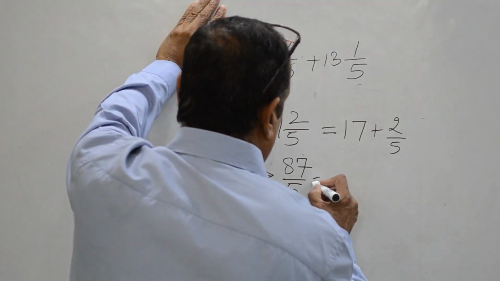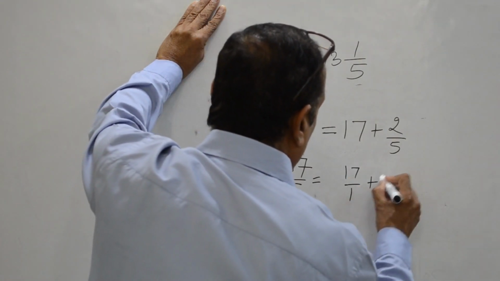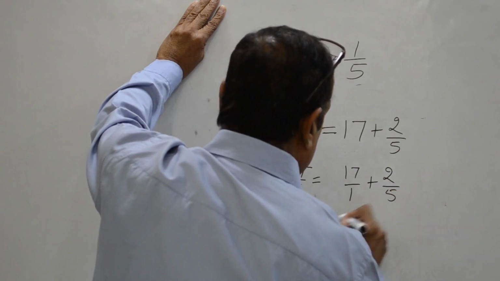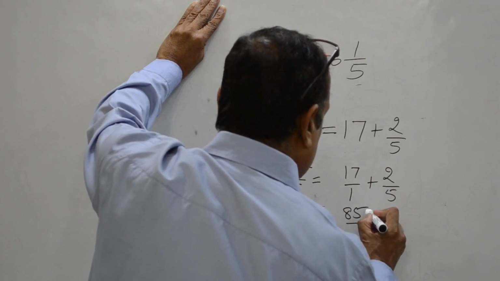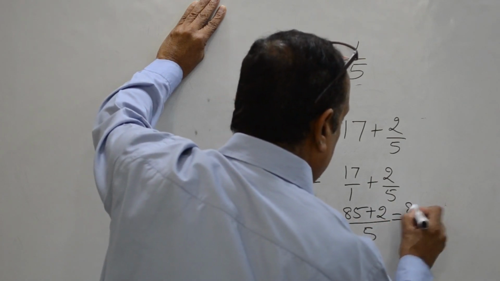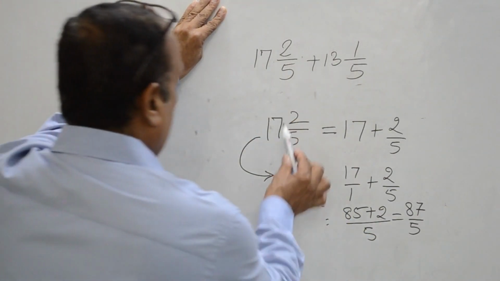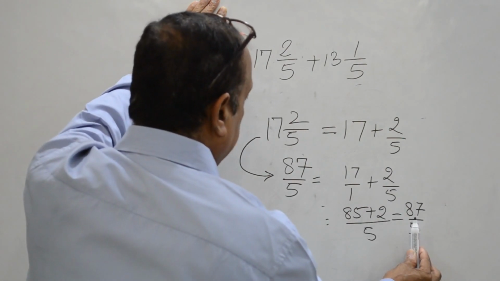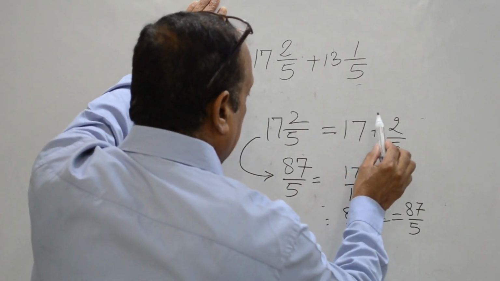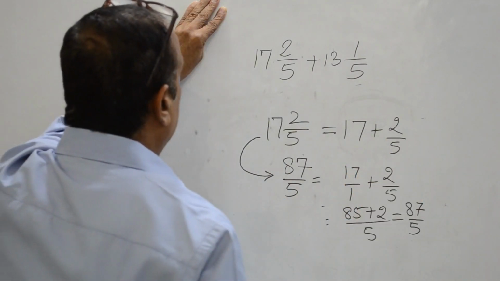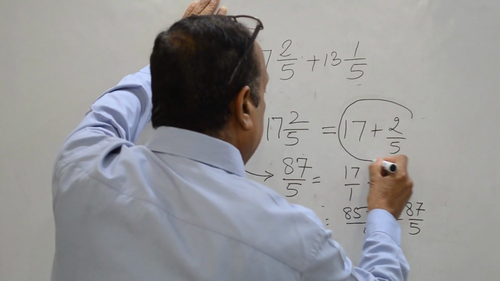Now on the right hand side, 17 upon 1 plus 2 upon 5 when added, they give us again 87 upon 5. It means left hand side and right hand side are same. So 17 2 upon 5 is equal to 17 plus 2 upon 5. Means the mixed numbers can also be written like that.